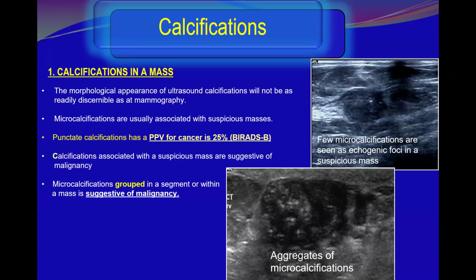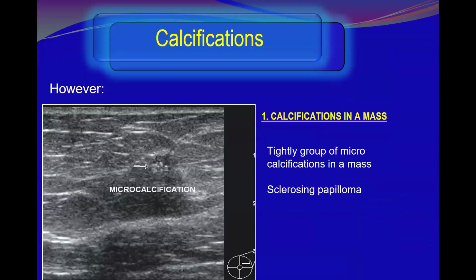And microcalcification grouped in a segment within a mass is suggestive of malignancy. It will be more suspicious if it is grouped, clumped or aggregated inside the mass, as seen in these examples. However, any rule has an exception. Do you agree?